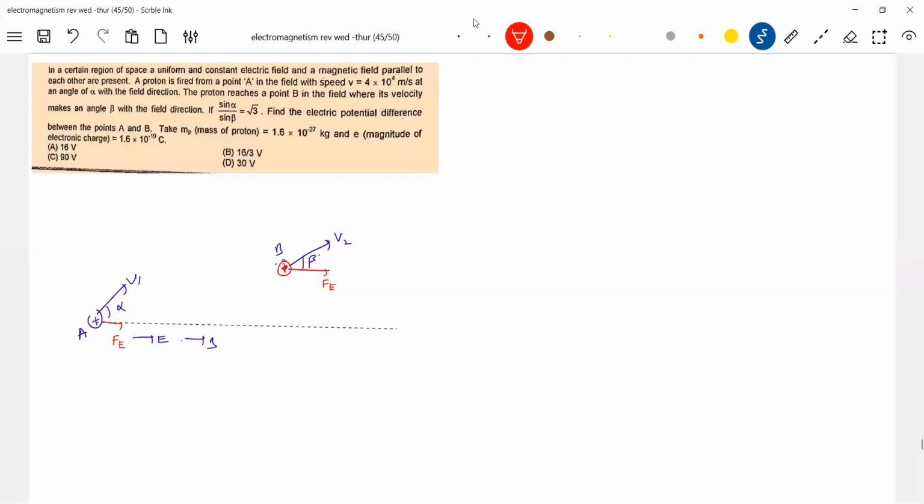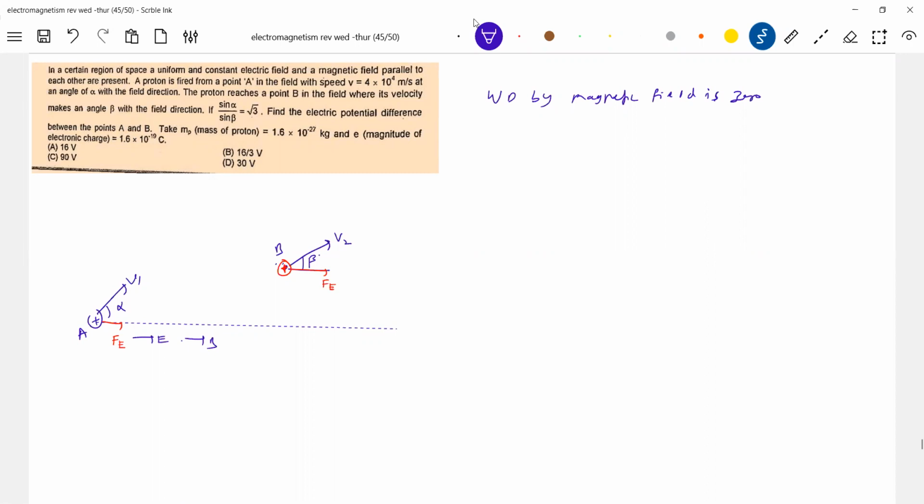Here B bar and the velocity are somewhere into the plane, but the work done by the magnetic field will be zero. The primary concept is that work done by the magnetic field is zero. Then who will do work? Only the electrostatic field.